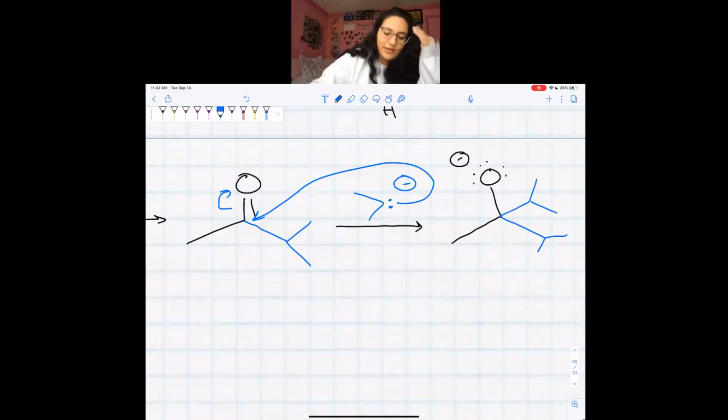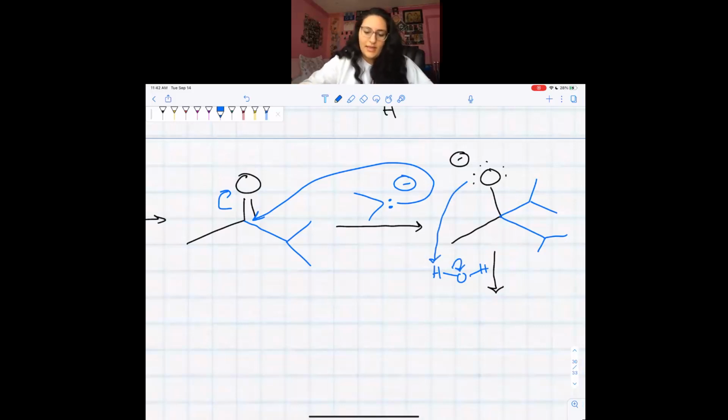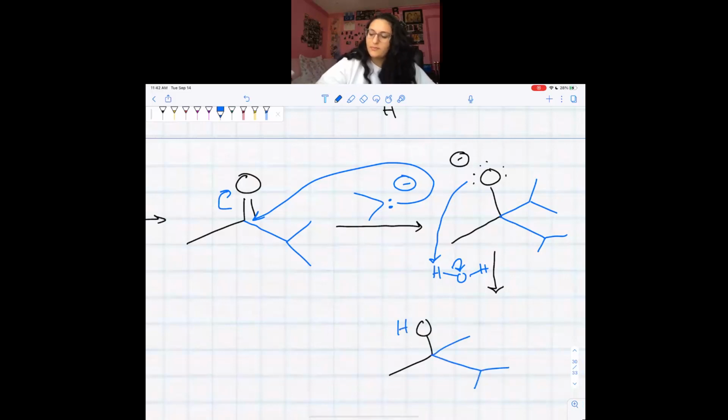Now at this point, we really have nothing to do. So we have to protonate. Bam, bam. And we get an alcohol again. And now we've added 2 of the Grignard reagents.